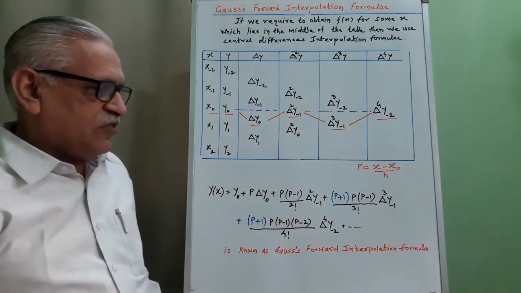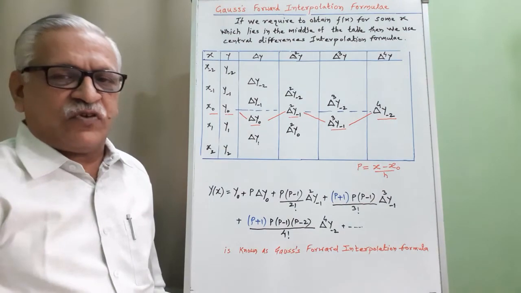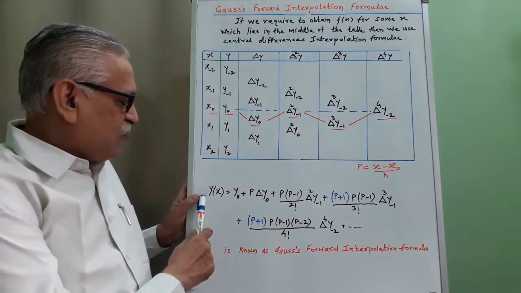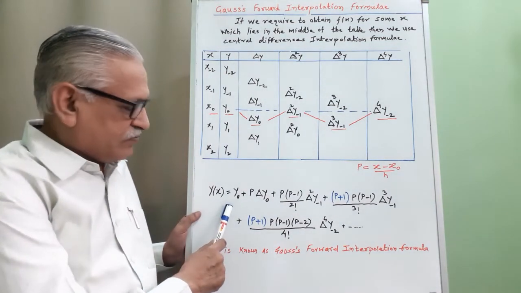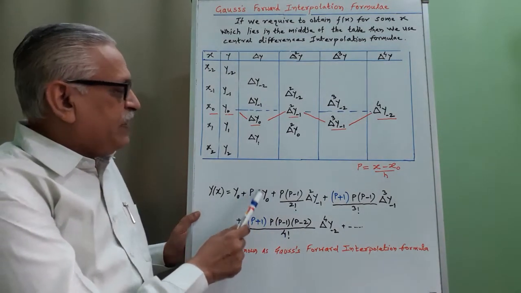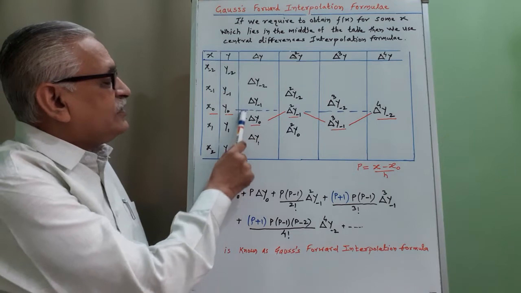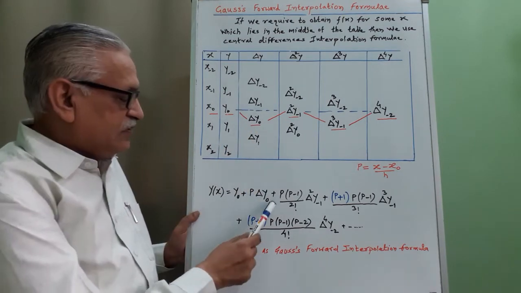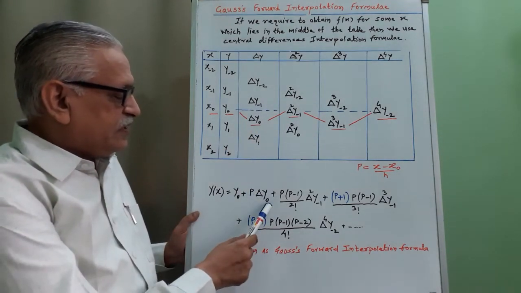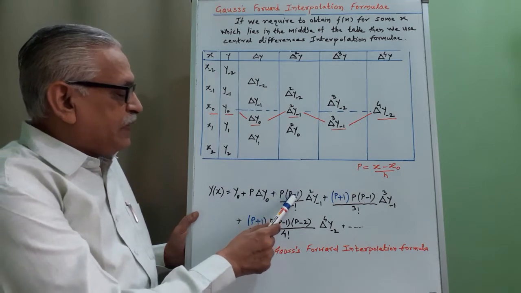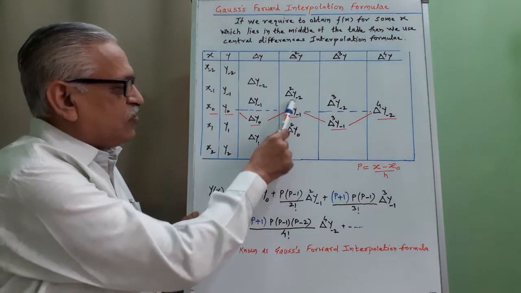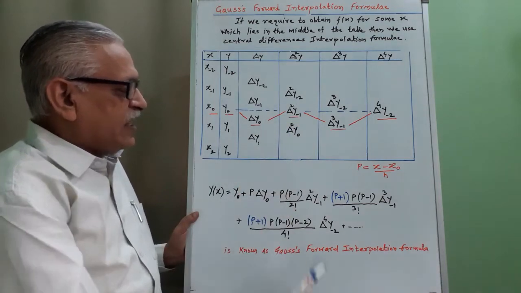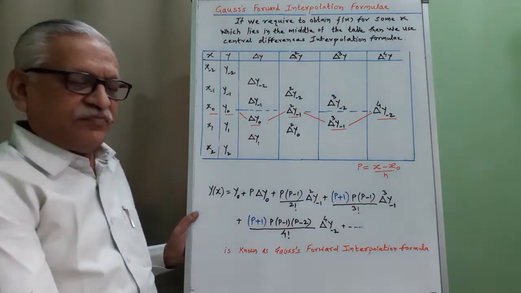All of you know Newton's forward interpolation formula. Therefore, y of x is equal to, first term remains as it is, y0, then p into del y0, then p into p minus 1 by 2 factorial, next second order difference, that is del square y minus 1.